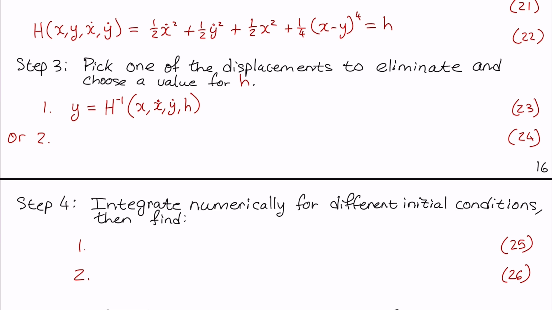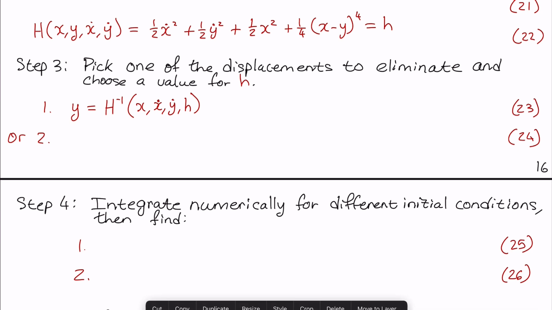We then need to prescribe what x dot and y dot are, at least for initial conditions, and then we can compute an initial y value as well. Furthermore, for any x dot, y dot, and x in the flow, for this particular energy level, we can always compute what y is if we know those three and we know what the energy level is.